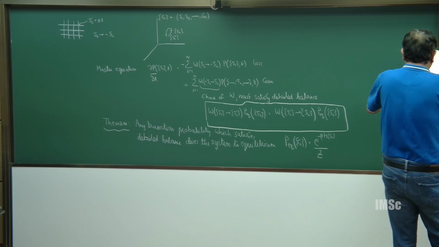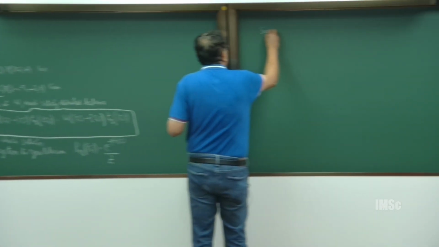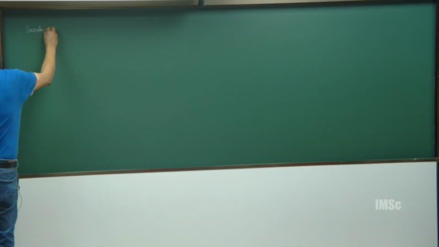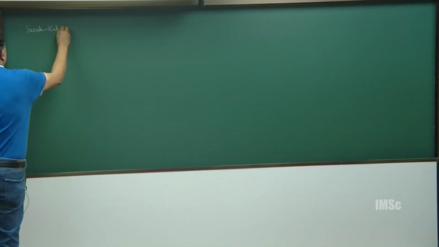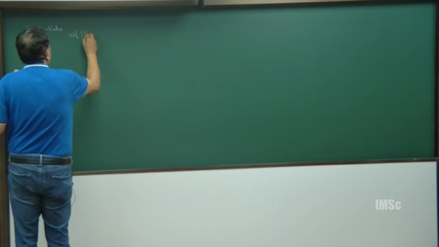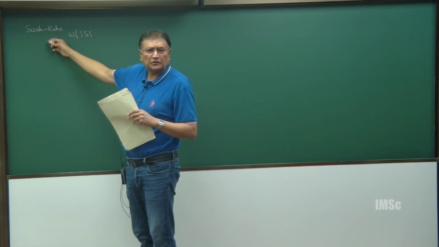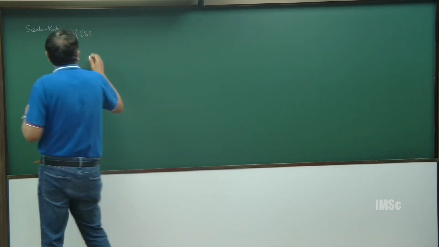And then, out of the many choices which are possible for the transition probability or the transition rate, I look at a particular one, the Suzuki-Kubo probability. I guess you know the name Kubo from linear response theory, right? Everybody is familiar with that.